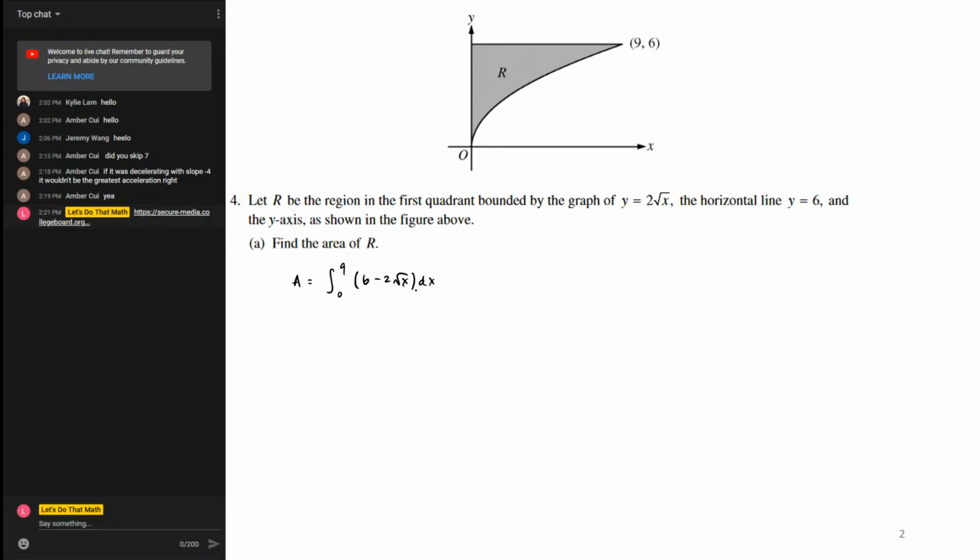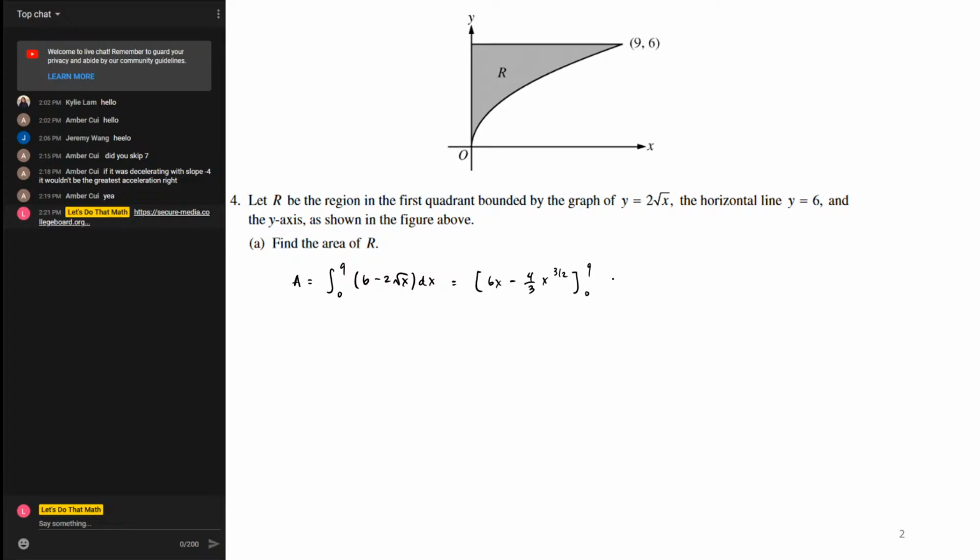And just integrate this. That's 6x, minus 2. This is a 1/2, so I make that a 3/2 power, and then I multiply by 2/3, so that's going to be 4/3 here. And then evaluate that from 0 to 9. If I plug in 0 here, everything becomes 0, right?